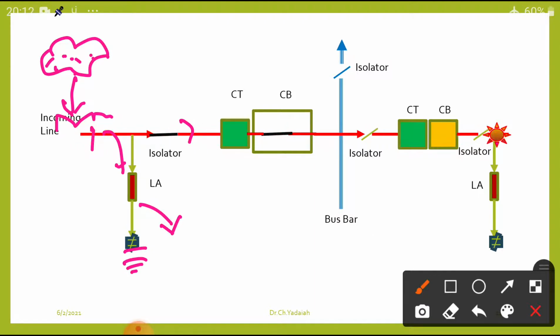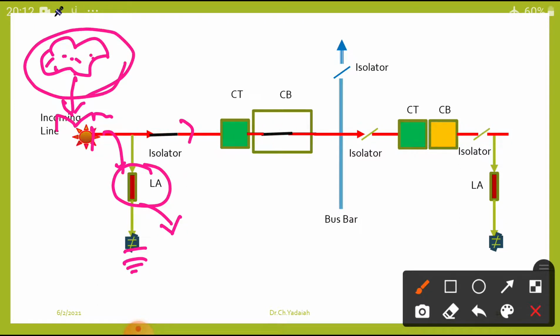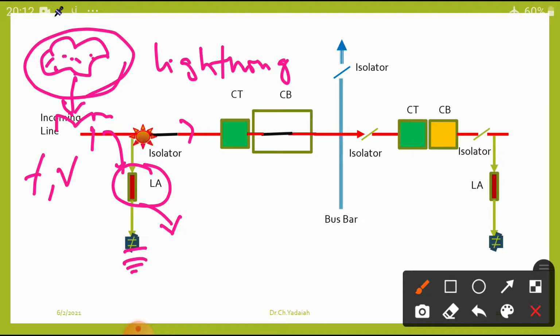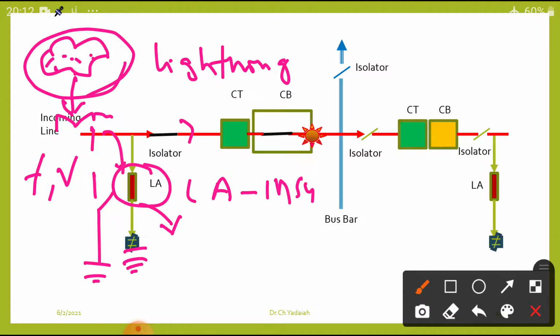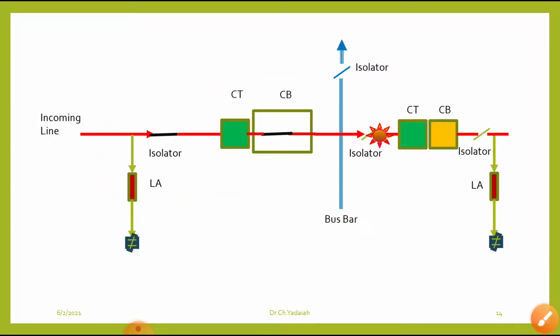If there is no lightning, what will happen? Under normal frequency and normal voltage, our lightning arresters act as an insulator. That means it acts as an open circuit to the ground. You can see, dear students.